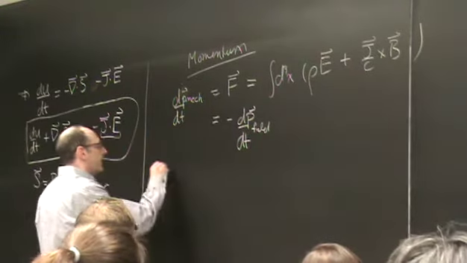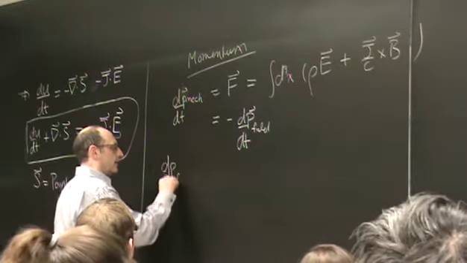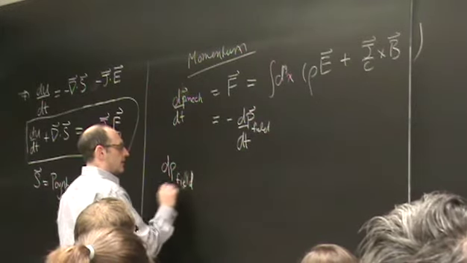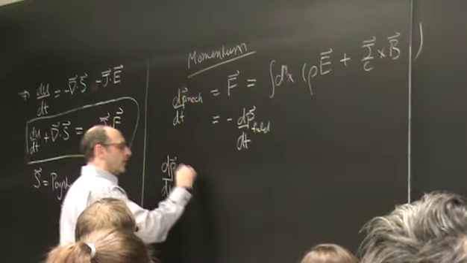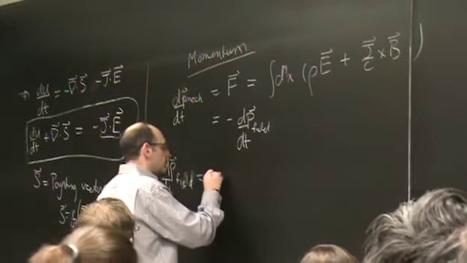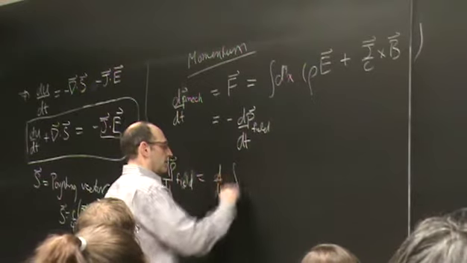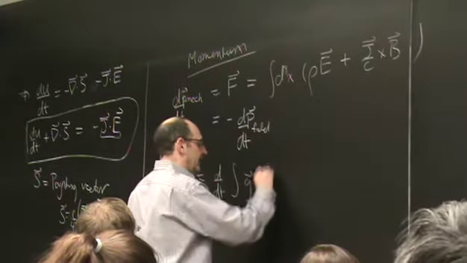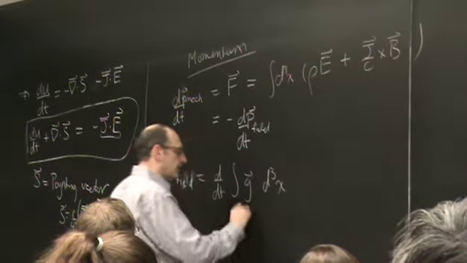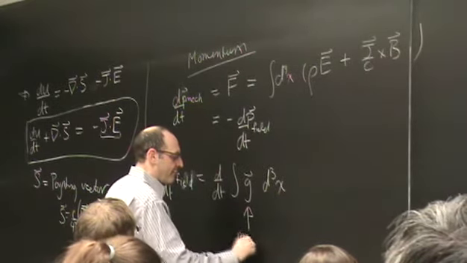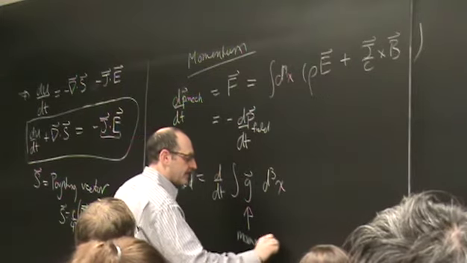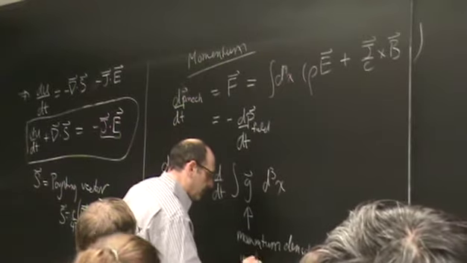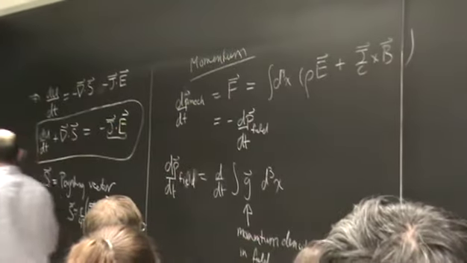What this says then is that the rate of change of momentum in the field, which I can think about as a momentum density in the field. So G here is the momentum density, just like we had energy density in the field given here.